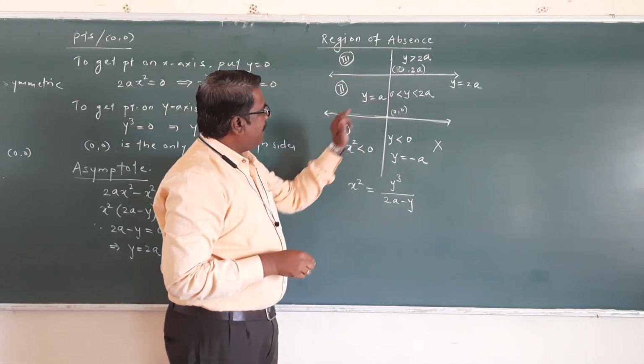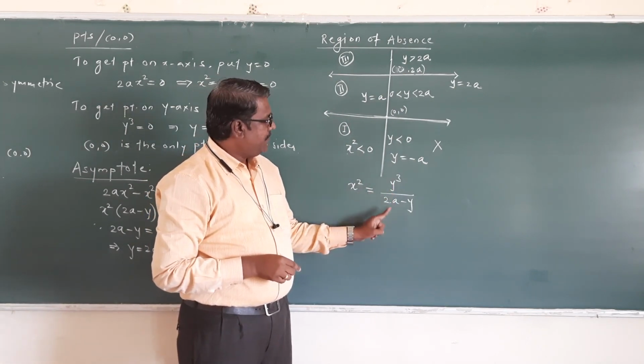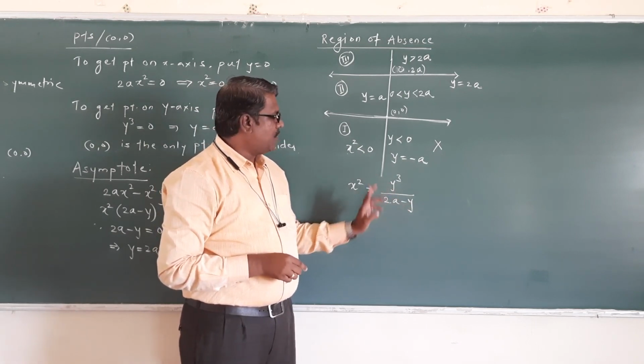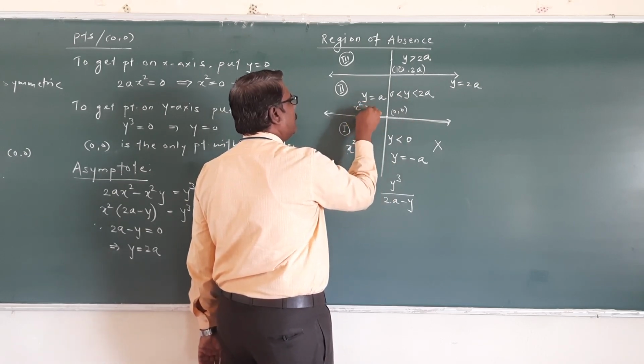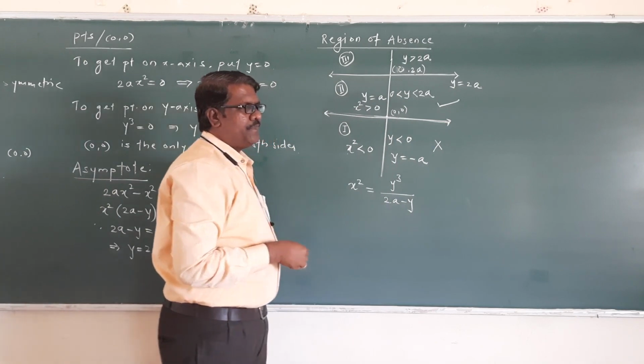Now, in the second partition, choose the value of y as a. When y is a, what is x square? Here it is a cube, that is positive. 2a minus a is plus a, so this is positive. So when y is a, x square is positive, it means the curve is present in the middle partition.